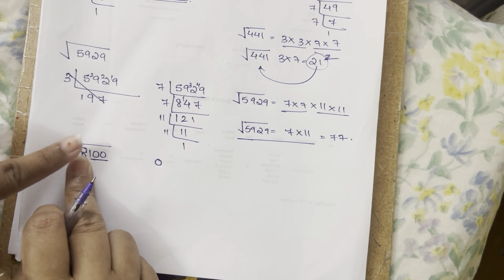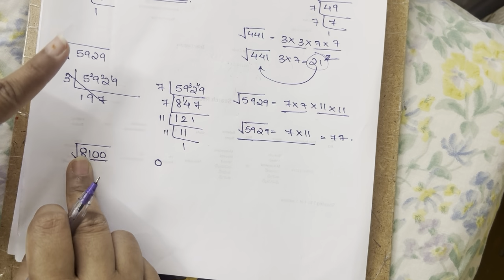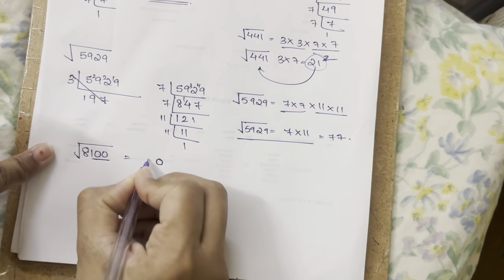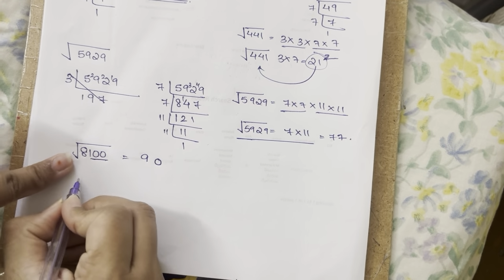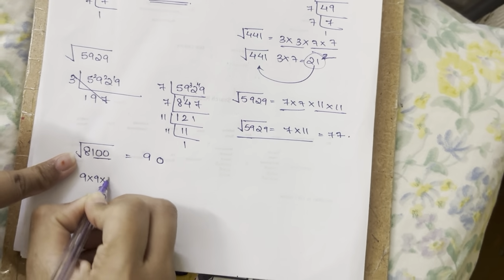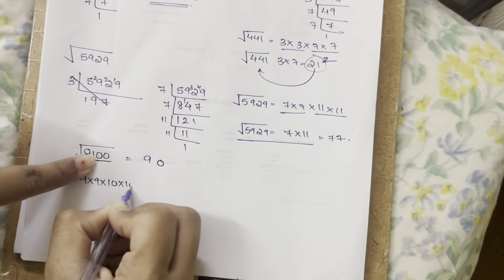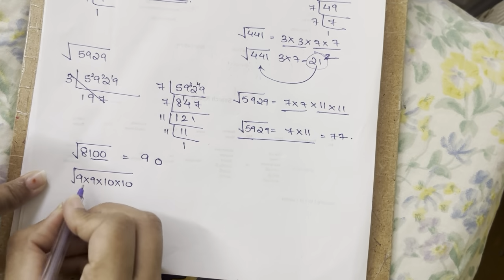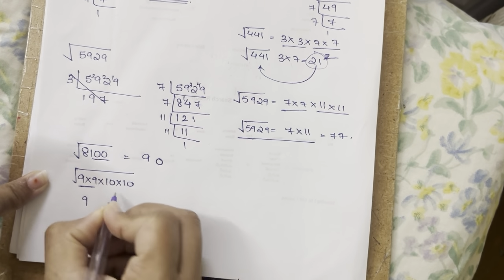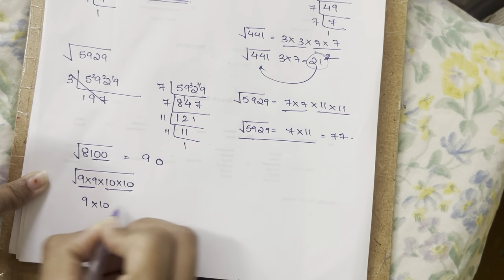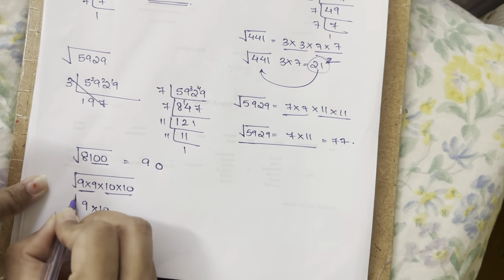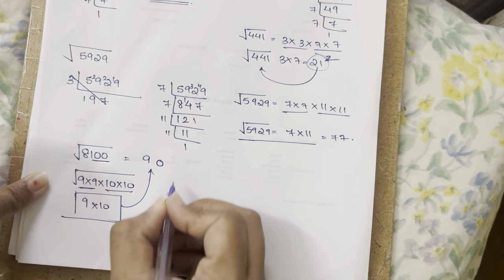And 81 can be written as 9 times 9, so that becomes 90 here. Or 9 times 9 times 100, which can be written as 10 times 10. Each pair comes once, and this turns out to be 9 times 10, which is 90.